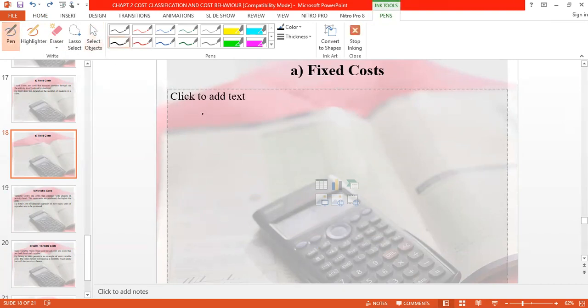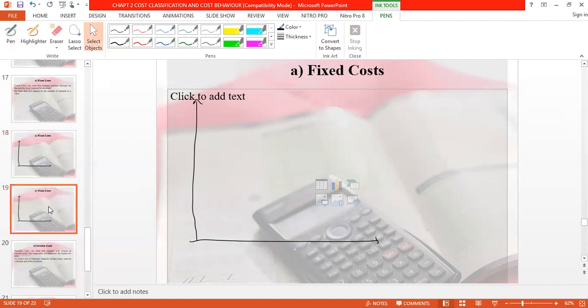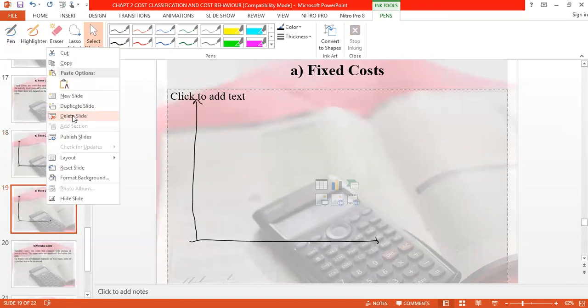Okay, so fixed cost looks like this. Now this one does not enable me to draw a straight line. Okay, that will work.